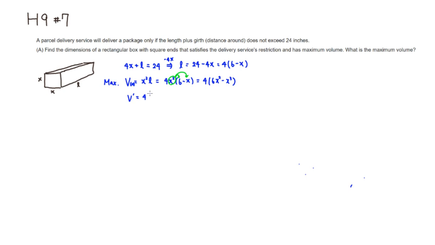The derivative of that would be 12x minus 3x squared. So we can pull out 3x, so it's going to be 3x times 4 minus x. This is the derivative, and I'm going to set that equal to 0 to find critical numbers. So x equals 0 and x equals 4 are the critical numbers.